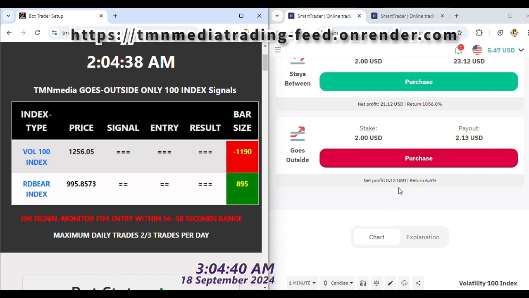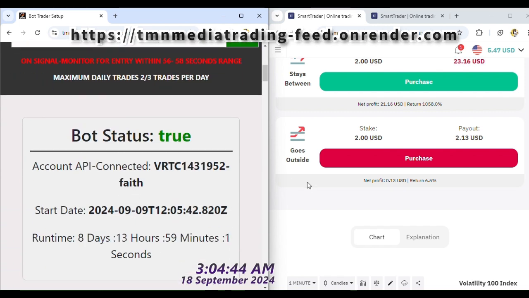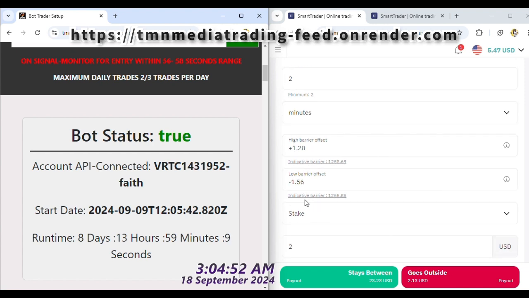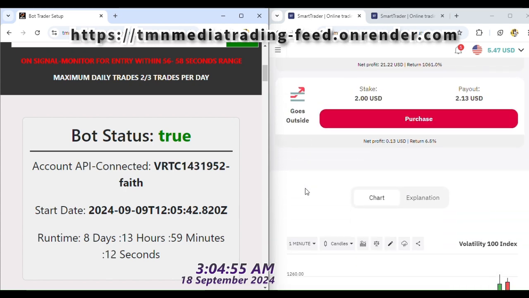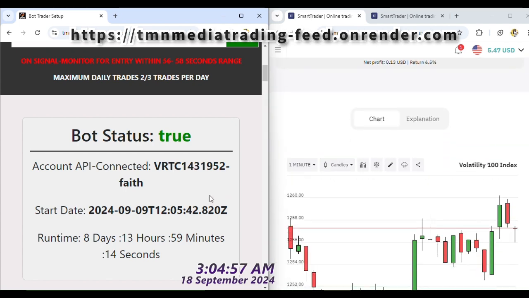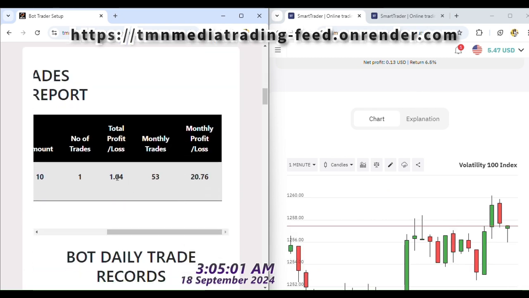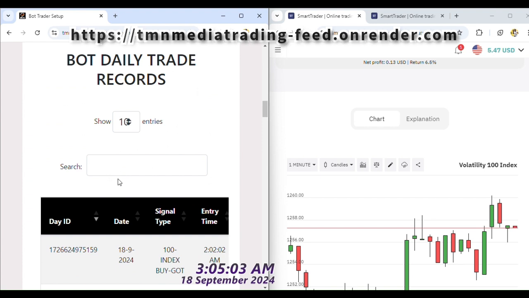I'm trading 6.5%, while this guy is trading almost 1.5, 1.4, 1 point something. So I'm trading lesser, probably also because of the amount I'm using. So it traded for 10%.